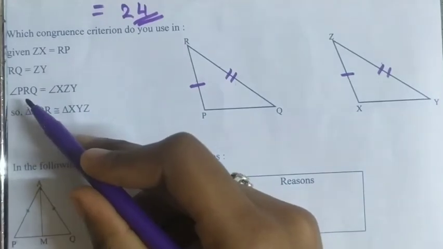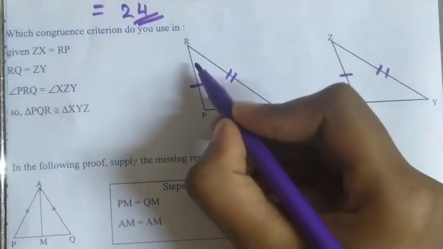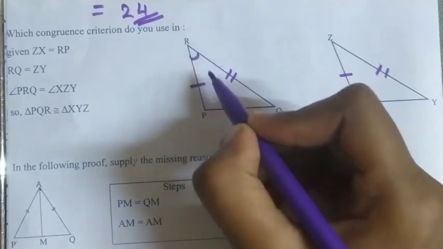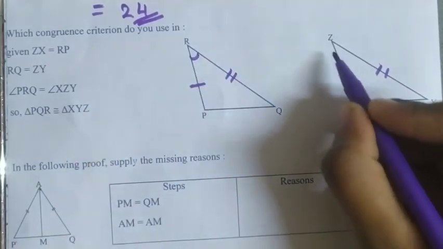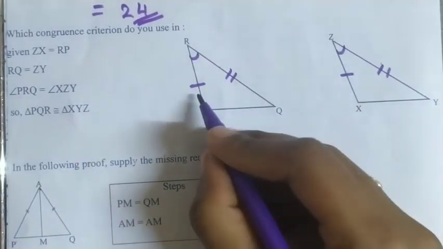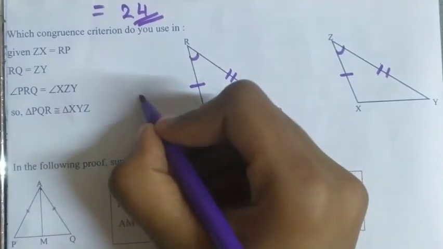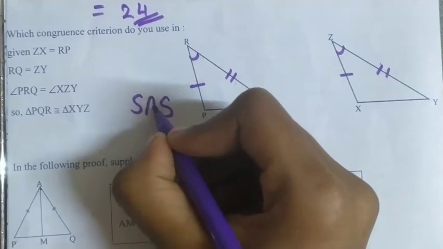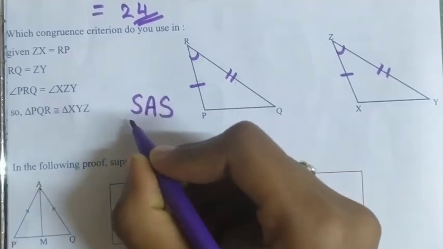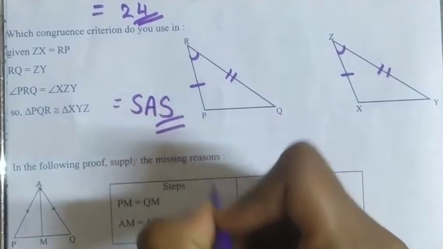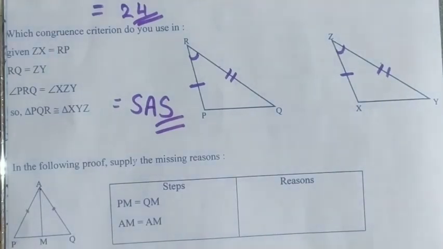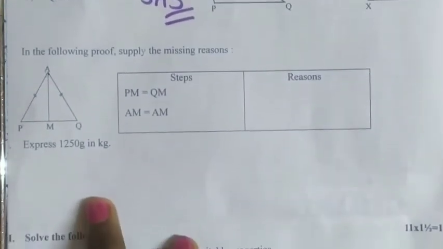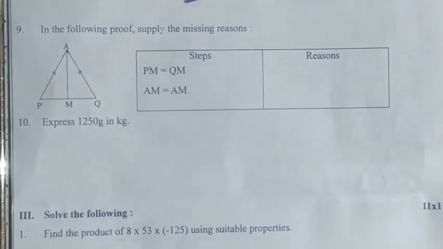So angle R is equal to angle Z. So the two sides included with one angle, included to the angle is SAS. So let's move on to the next question, that is ninth one.